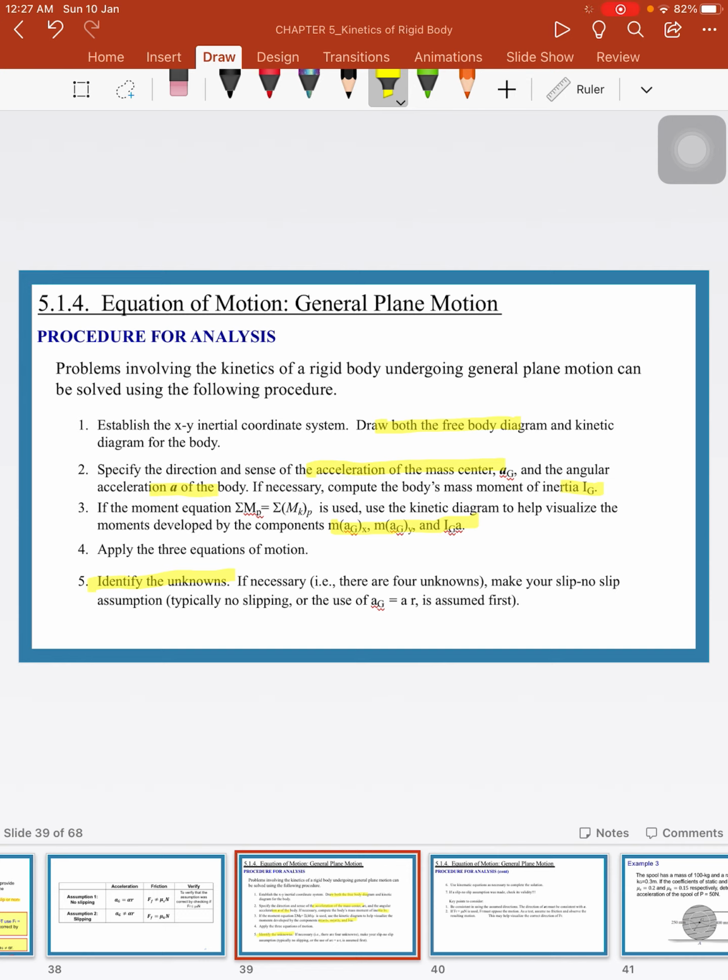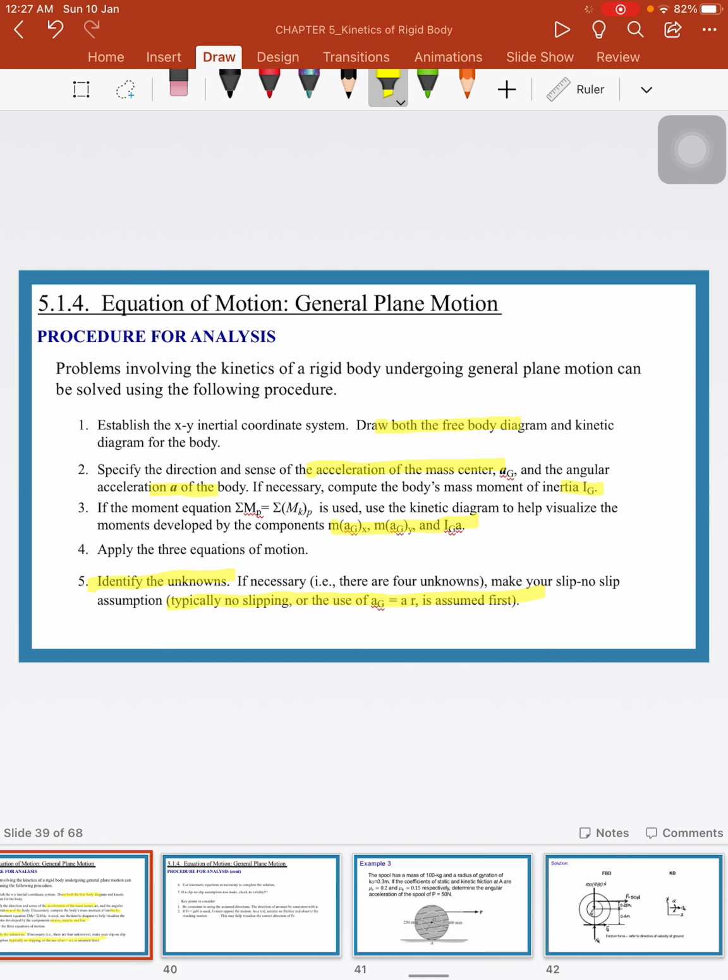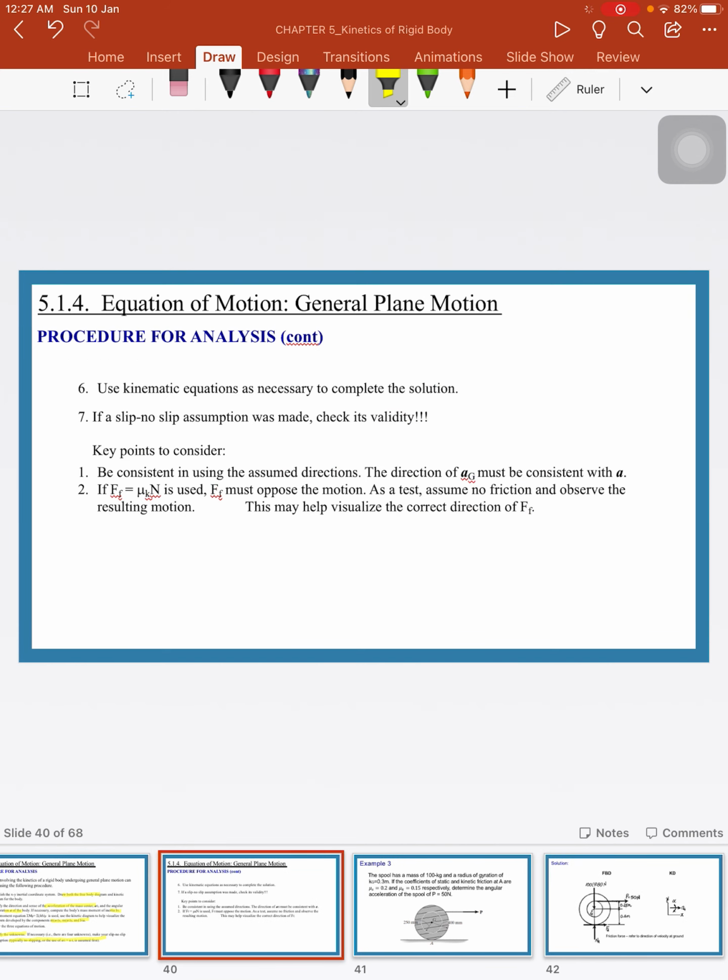Make your slip or non-slip assumption. Typically, assume no slipping, or use of Ag equal to alpha R is assumed first. Next, use kinematic equations as necessary to complete the solution. If a slip or non-slip assumption was made, check its validity.